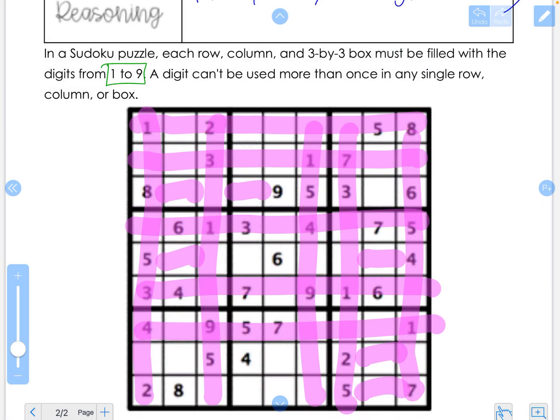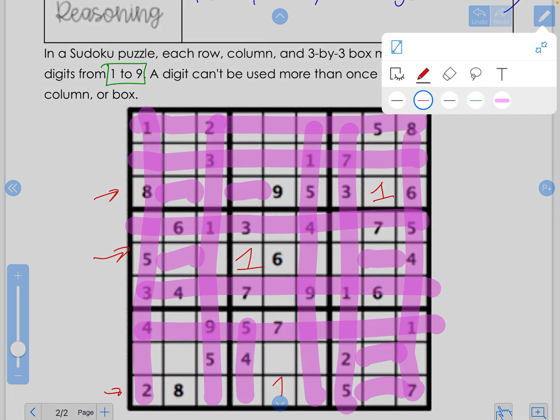So in this row right here, there's only one empty spot left, and that's where my 1 is going to go. If we look at this row right here, there's just one empty open spot, so that's where my 1 goes. Now that I've put my 1 there, that means it cannot go in this row either. And so if we look at the bottom row, I've got 1 available spot.